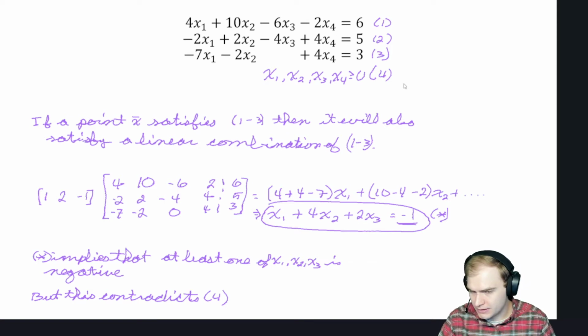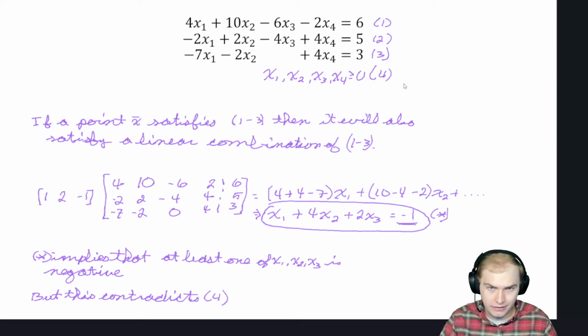And if that's achievable, then this is an infeasible system. It's not clear that every infeasible LP has this sort of problem, but if you can identify a contradiction like this, then your LP is infeasible.